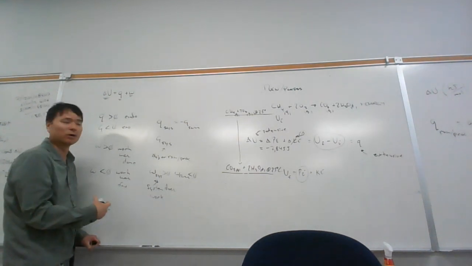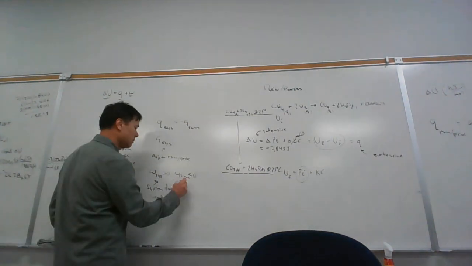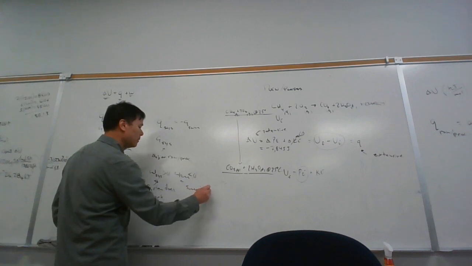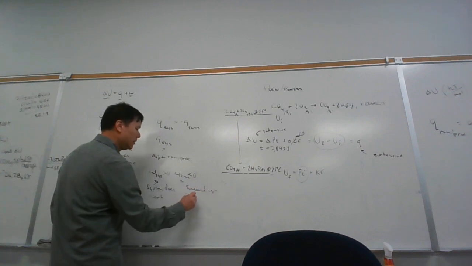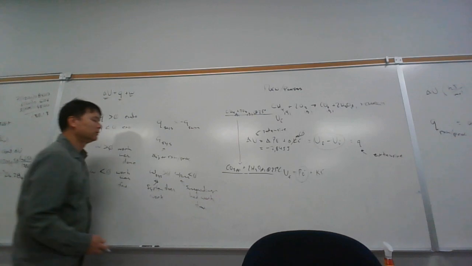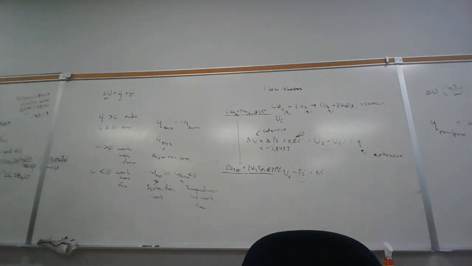It received the work, and so the surroundings had work done. So this is kind of weird to think about. Let's say the system lost 100 joules doing work. Well, where did that 100 joules go? Into the surroundings.